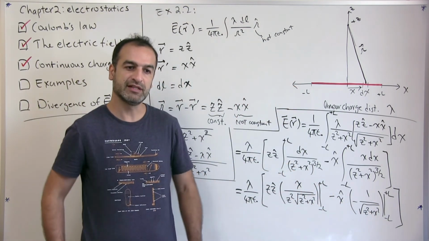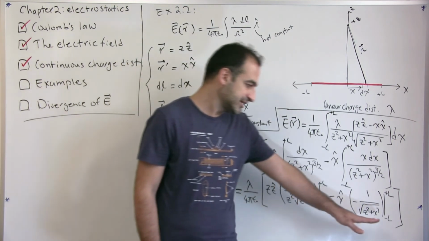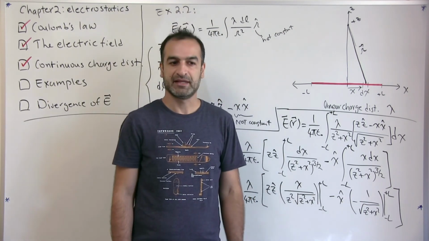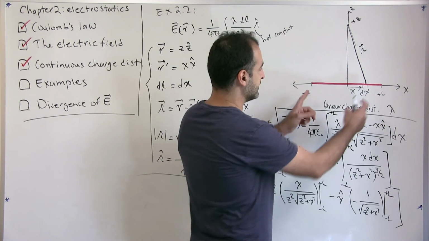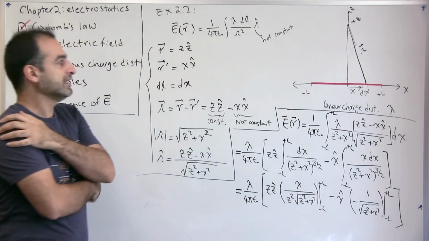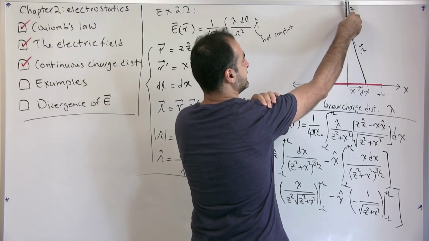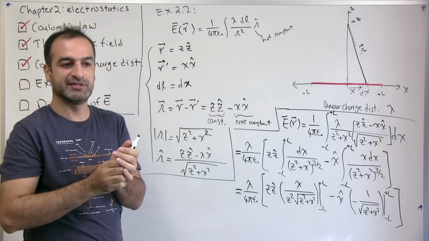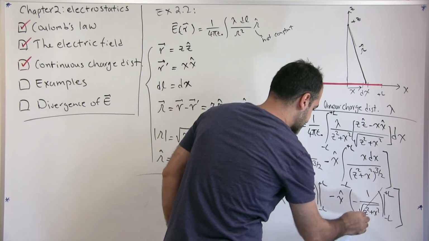Why is that so? The second one, which gives a vector in the x hat direction, must be 0 because of the symmetry of the problem. We have a symmetrically distributed line charge distribution, so I don't expect any field with a component in the negative or positive x direction. It just has to be 0, so I would already cross it out.